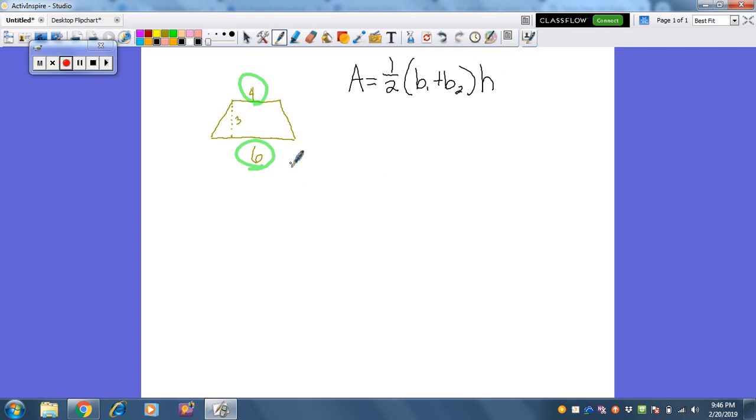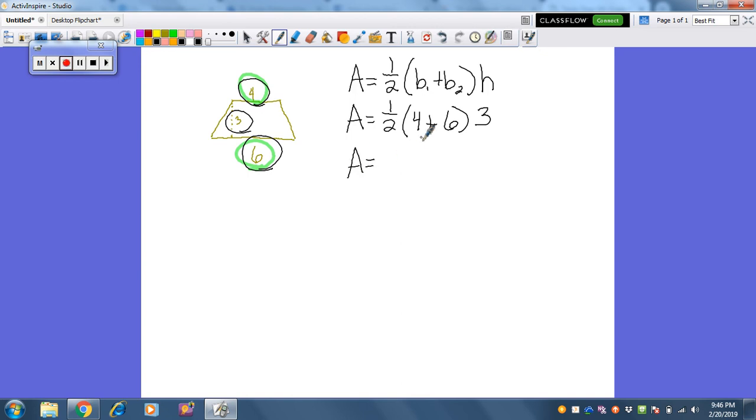Just like with the rectangle, I don't care what's base 1 and base 2. You're going to add them together. It's going to be the same. So we have A, we have 1/2. Base 1, I'm going to say is 4. Base 2 is 6. And my height, just like a triangle, it has to be straight up and down, is 3.